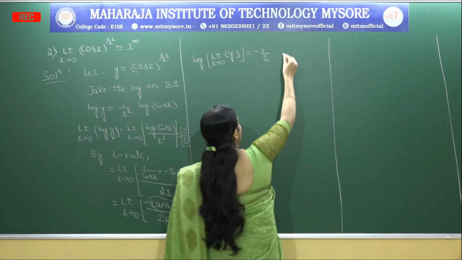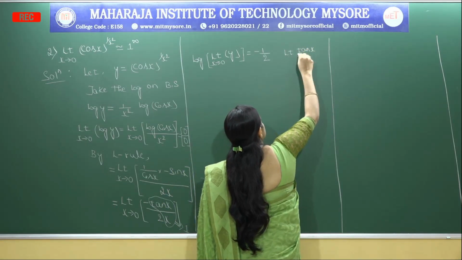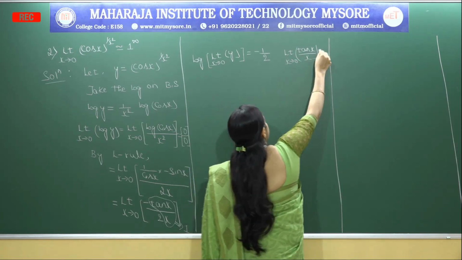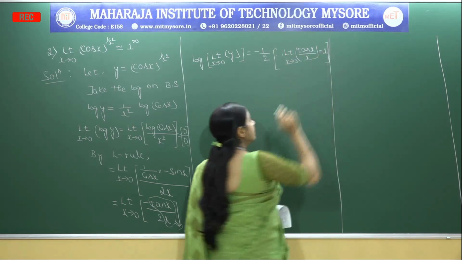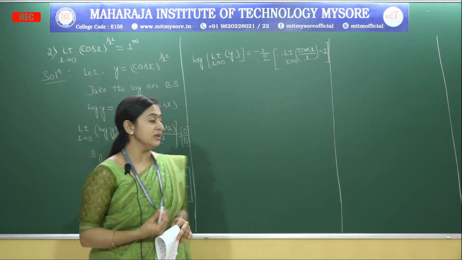This is the reason: you studied in the last class that the limit of tan x by x as x tends to 0 equals 1.